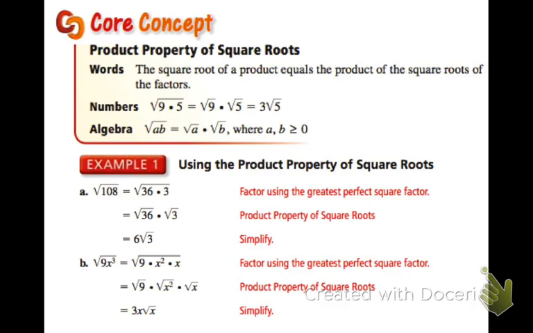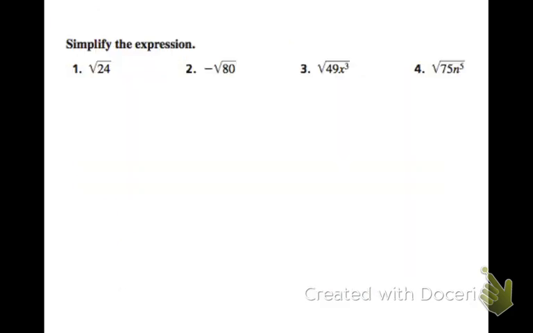So the square root of 36 times the square root of 3 would simplify to 6 square root of 3. When you have variables, looking again for the greatest perfect square factor, we'll break up that x to the third power and make it x squared times x so that we can pull an x out of the radical symbol. So we have 3x times the square root of x.